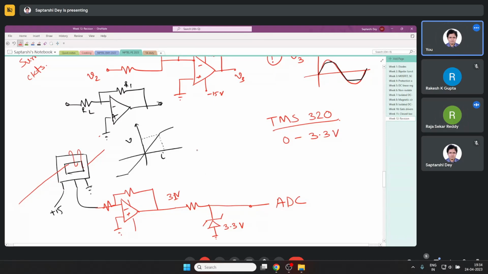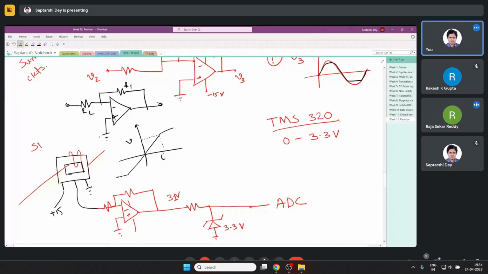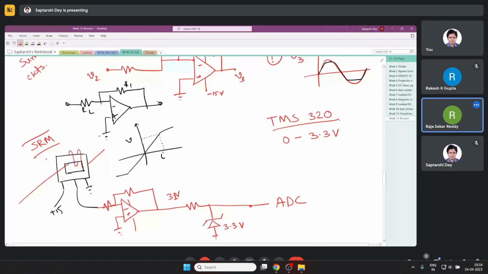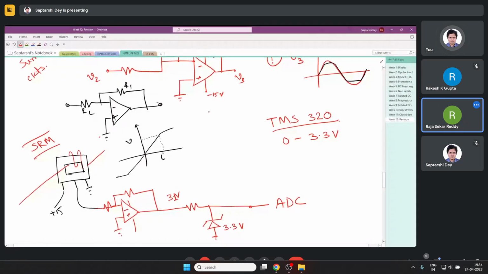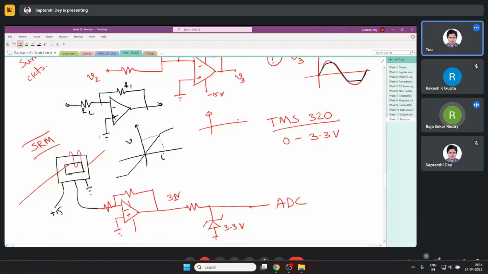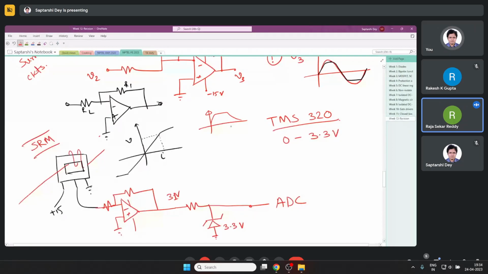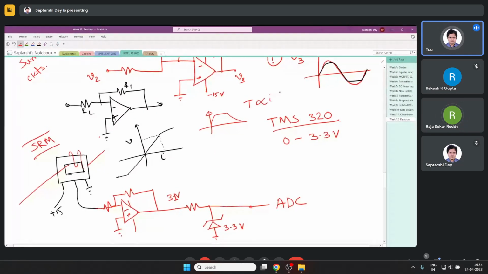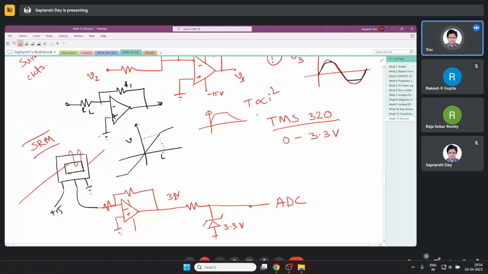Since you know SRM, unipolar current is enough. Unipolar current is enough in SRM, because the torque is proportional to current squared. So it doesn't matter in which direction the current flows. But there can be other converter machines.